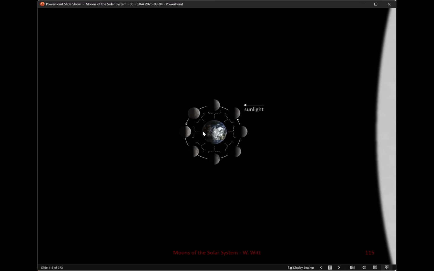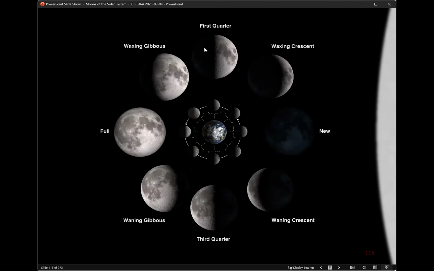Whereas if I'm looking here at the moon on this side, I'm looking at the light part of the moon, or if I'm here, I'm seeing a half moon. So I hope that makes sense, right? So it's really a function of the geometry of the orbital paths, right? Most significantly, this is not appearing dark to us because the Earth is casting a shadow. It's appearing dark because the sun is lighting up the other side only.